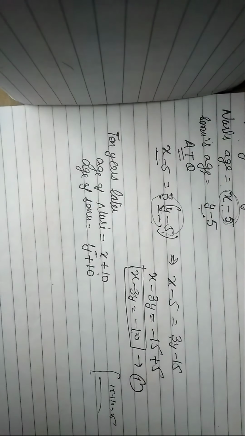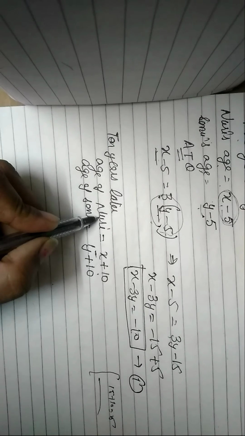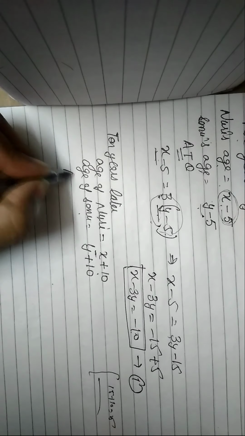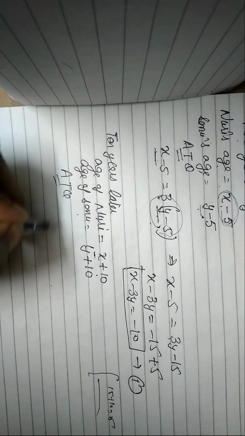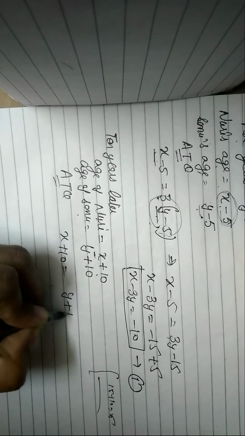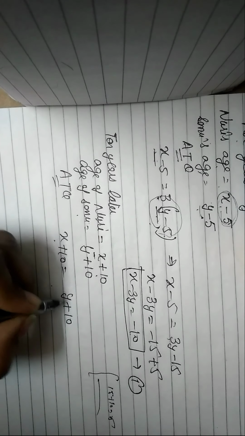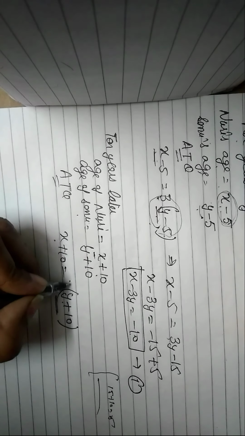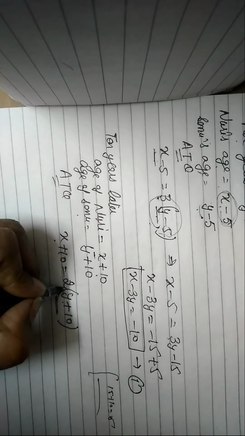Now Nuri is greater than Sonu by 2 times. According to the question, in the second condition, x plus 10 equals y plus 10. How to make these terms equal? By multiplying by the smaller term. So here the smaller is Sonu. So multiply by 2 because we are given twice.